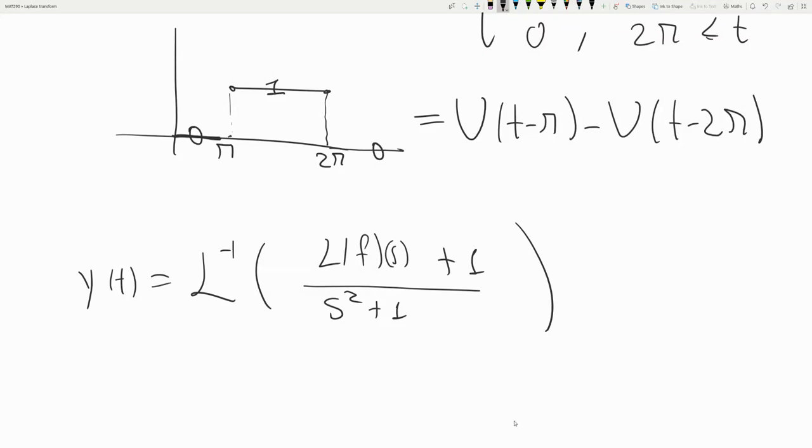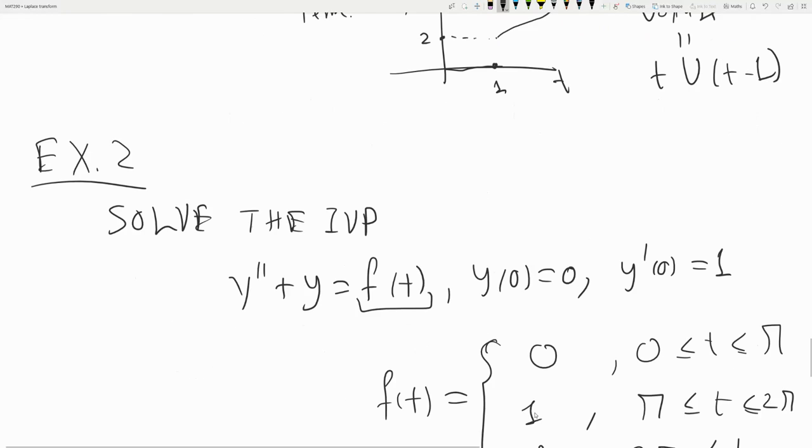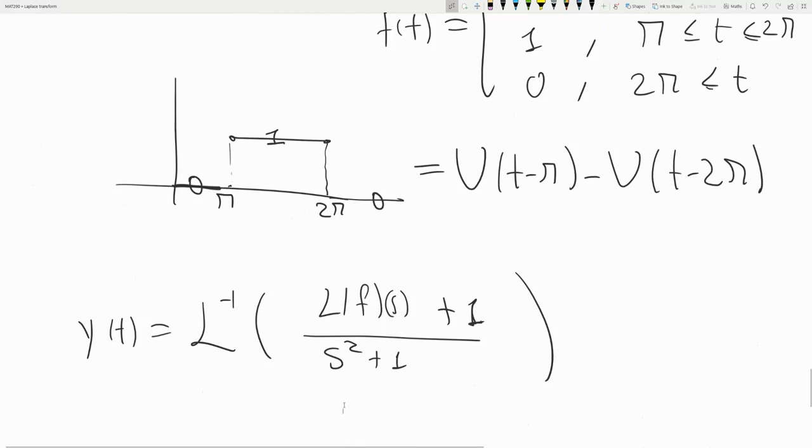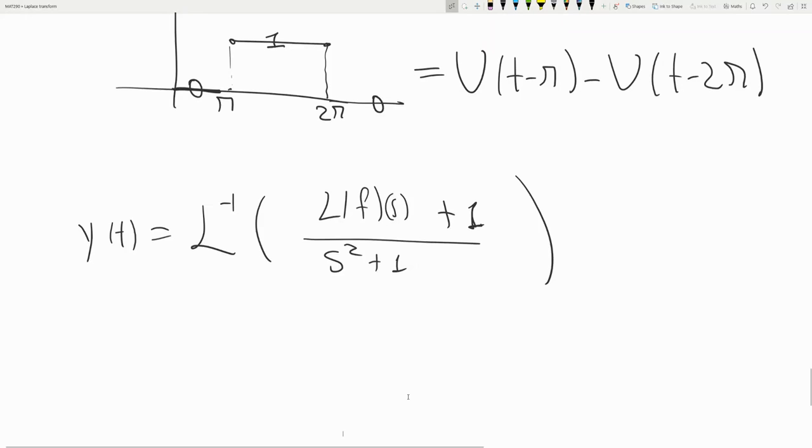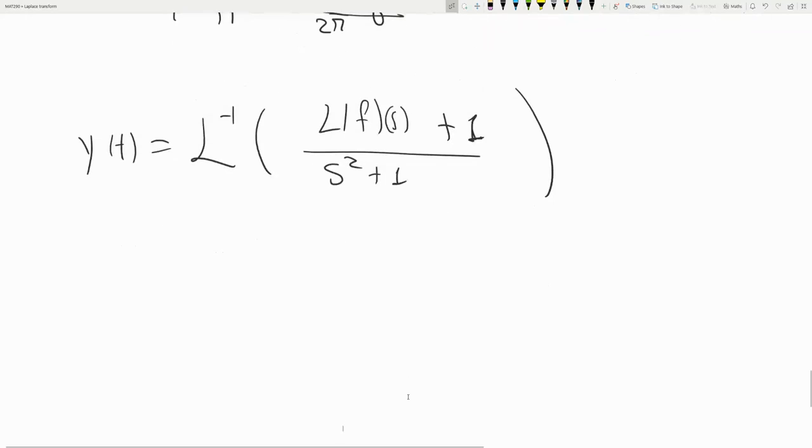Okay, so this is from the formula that you can always just use, just plug in the numbers. Here we have plus 1 because the initial data is 1. Okay. So, right. So I'll just talk a little bit about f, and I'll just write you the final answer.